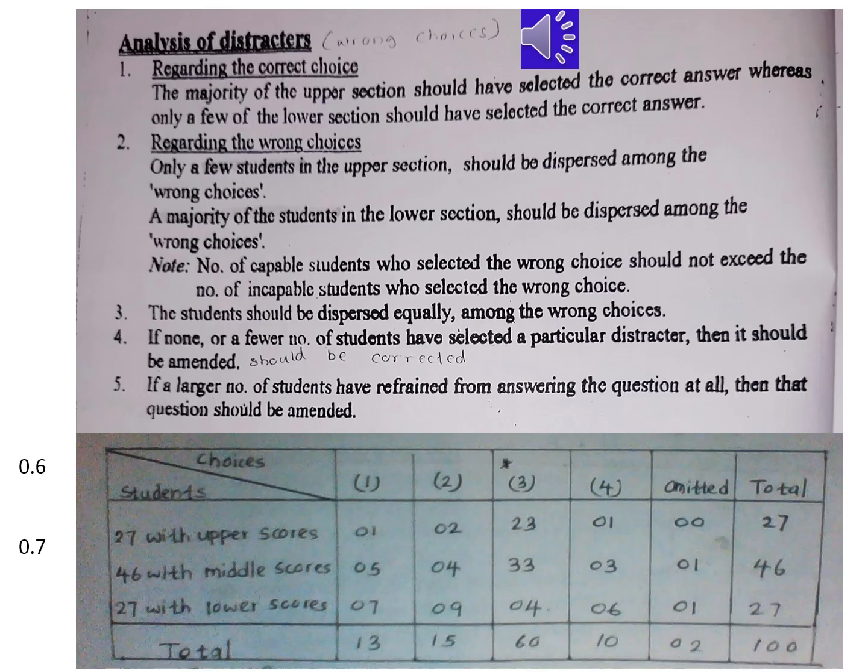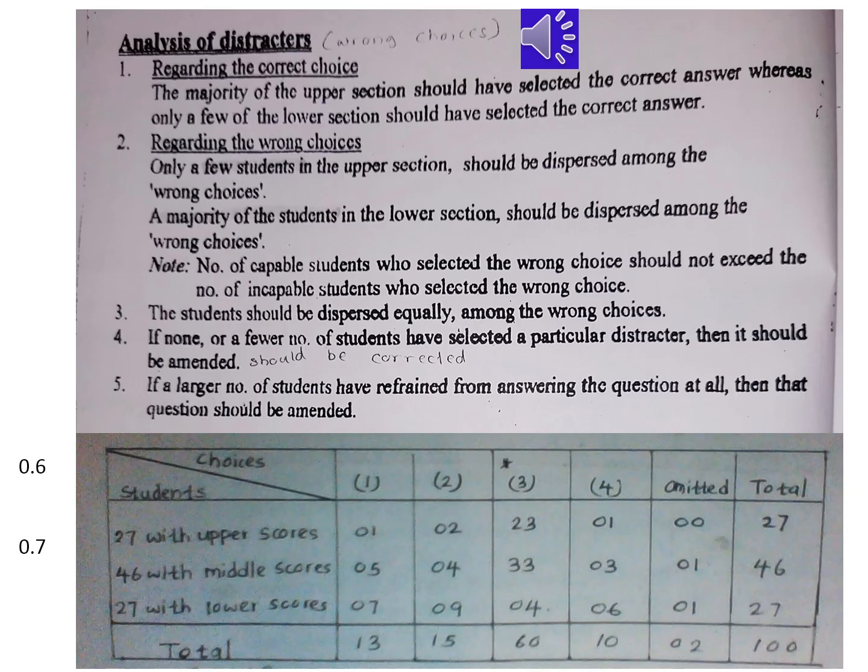That means this question is a good question. It can separate the clever students from the weaker students. 70% successful in separating them. That's the discrimination index. Facility index, that means it is 0.6, the average.